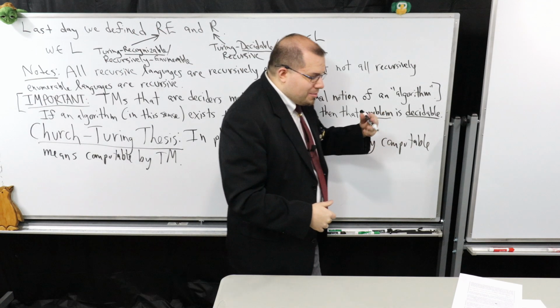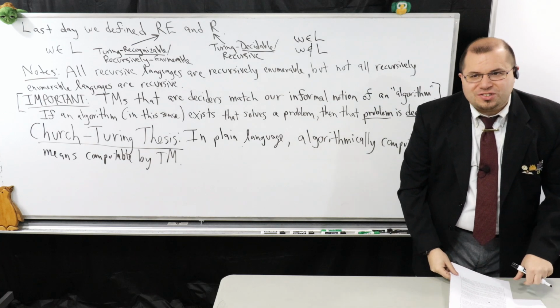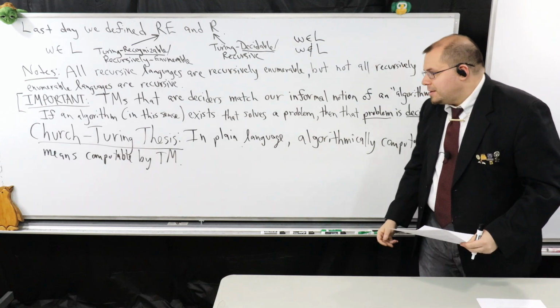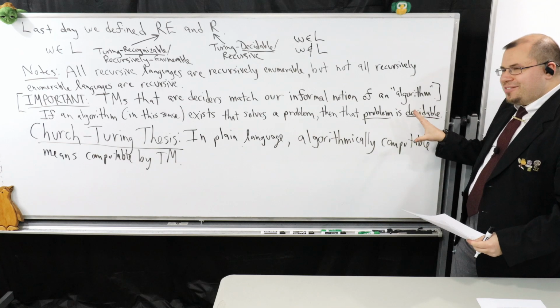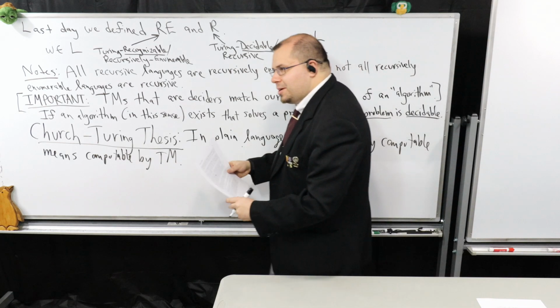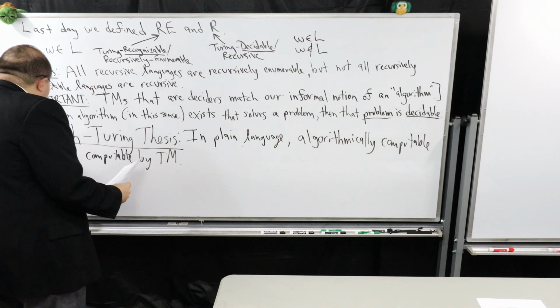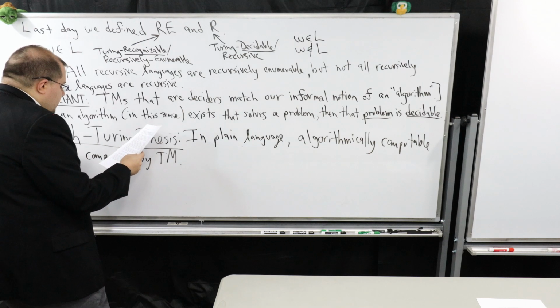So in prior lectures, I was trying to motivate that we can do all sorts of different things with Turing machines. So the Church-Turing Thesis in plain language is this, but here's a couple of different ways. I'm going to first give you one way of thinking about it. This is from Sipser.